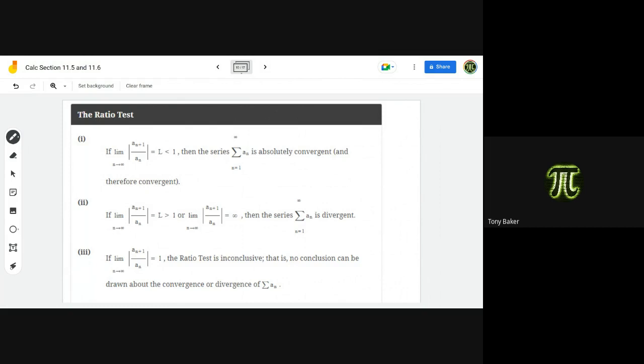It'll never be negative because we're doing the absolute value of it. So we won't have a negative. That's why I don't have to worry about from -1 to 1, for example. If it was to equal 0, what would it be? It'd be less than 1, so it'd be convergent. Okay.